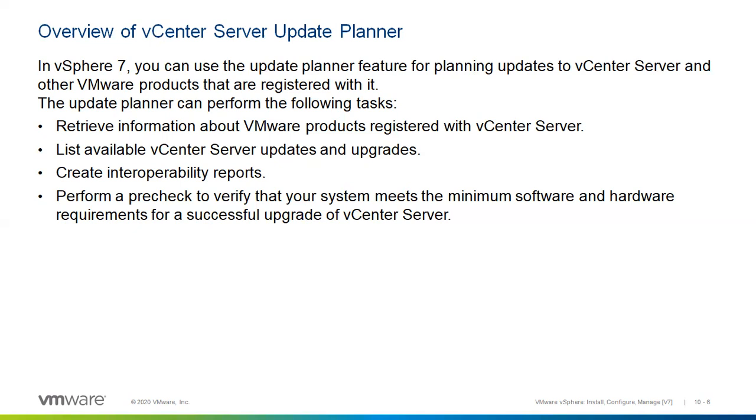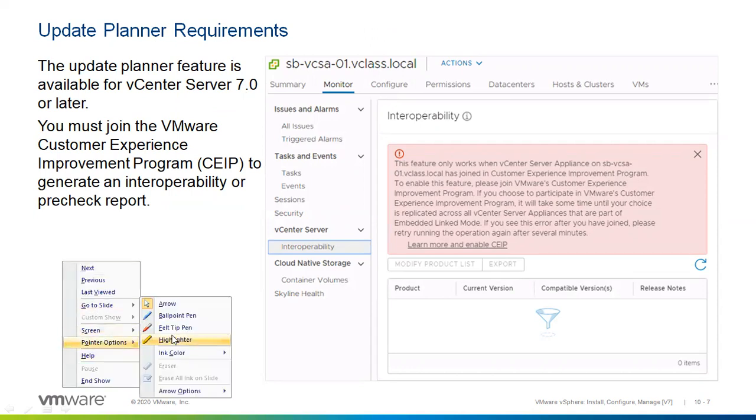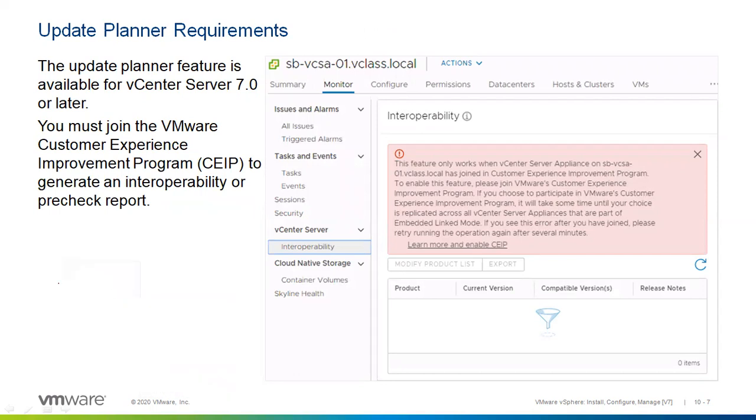So what will update planner do? A simple example: the update planner feature is available from 7.0 onwards. Say you want to do a simple upgrade from 7.0 to 7.0 Update 1, or probably Update 2, or Update 3.